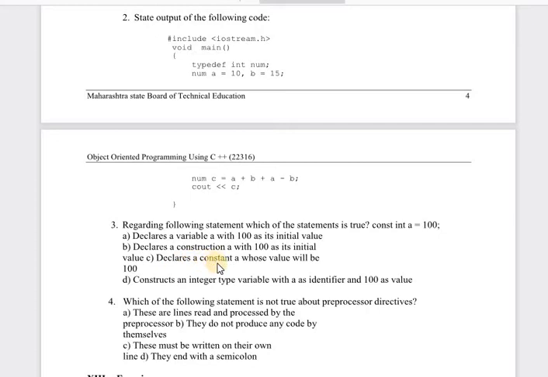The third: declare a constant a whose value will be 100, and construct an integer type variable with a as identifier and 100 as value. So what does const int a equal to 100 mean? It declares a constant whose value will be 100. So the third, that is option C, is correct.